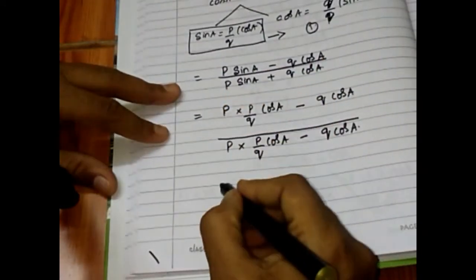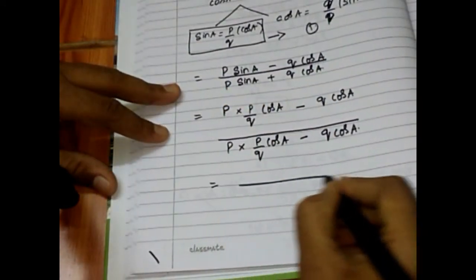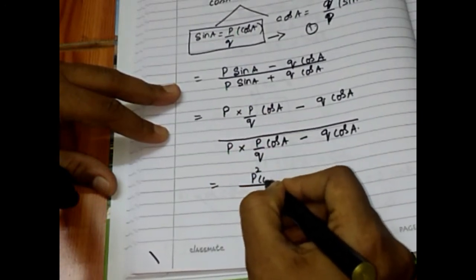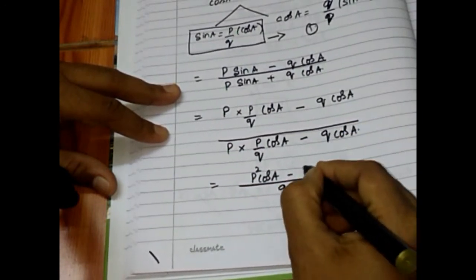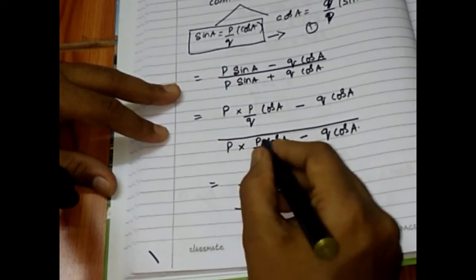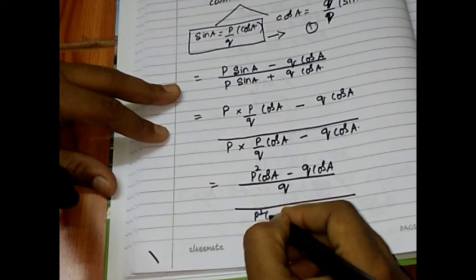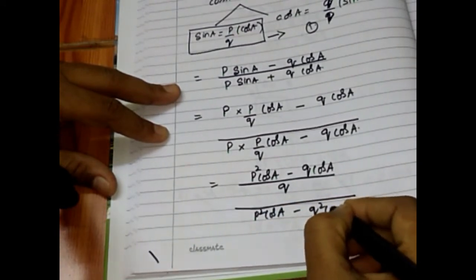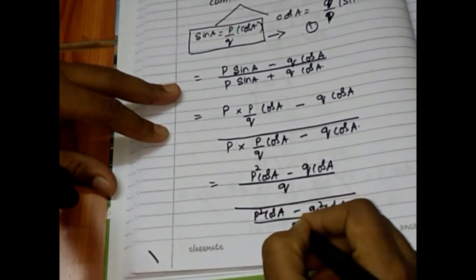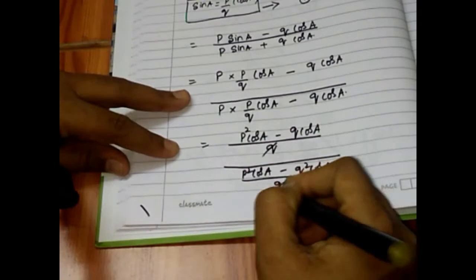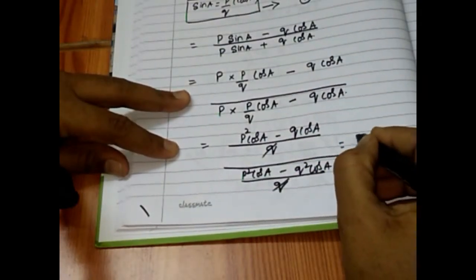Now with this what we can do, take the LCM Q, P into P is P square cos A minus Q cos A, whole divided by, here also P square into cos A minus Q square into cos A, because LCM is Q. Now Q and Q get cancelled.